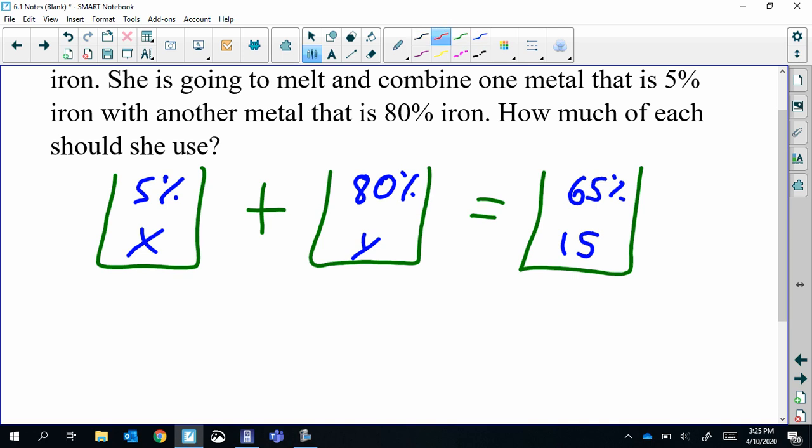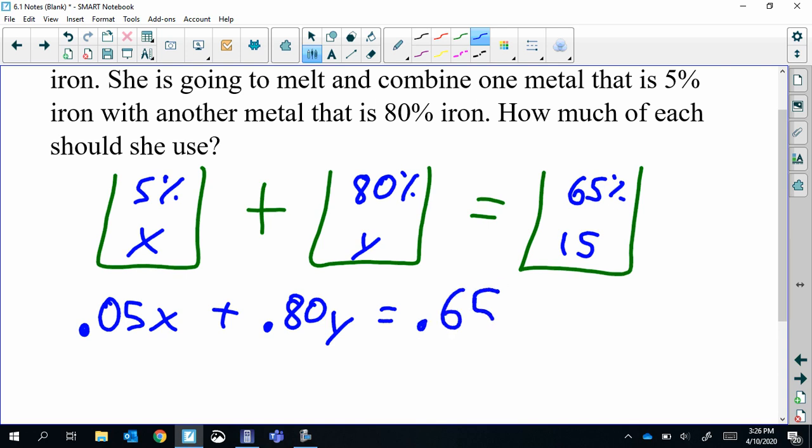So these are easy because our first equation we get by taking just what we wrote and multiplying it together. So 5% would be 0.05x. 80% would be 0.80y equals 0.65 times 15. I don't want to pull up my calculator yet, so I'll just write it that way.